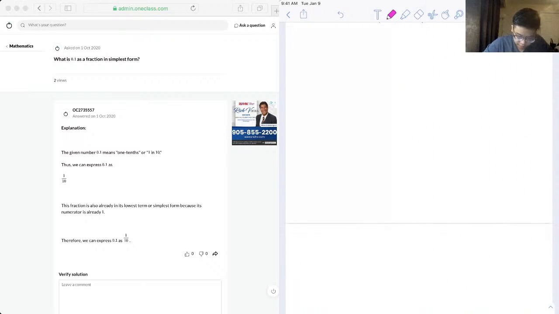So coming up, we have our next question. It asks us to write 0.1 as a fraction in simplest form.